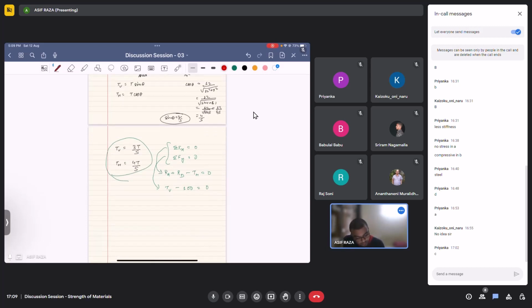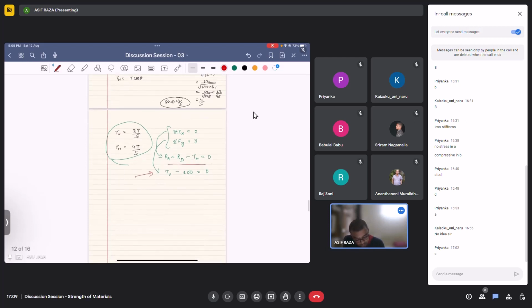So if we are not interested in finding the reaction forces, we can just work around with this. So TV is equal to 100 kilonewton, and TV is 3T by 5 and equals 100. This implies T is 500 upon 3 kilonewton.